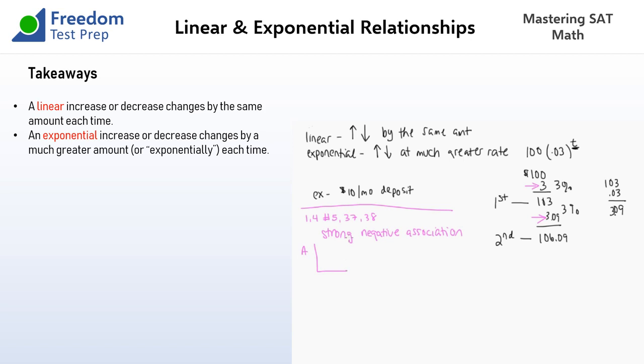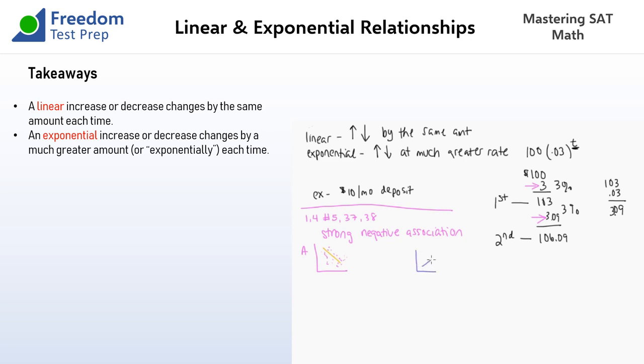Okay, so we have A with a bunch of dots. Okay, it's just all over the place. There is maybe a slight negative association, meaning a negative slope, but these dots are almost circular. There's probably actually a couple out here too. And you know what? I should probably just go over really briefly.